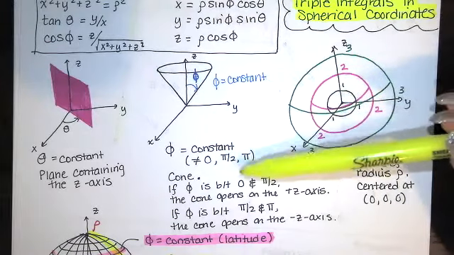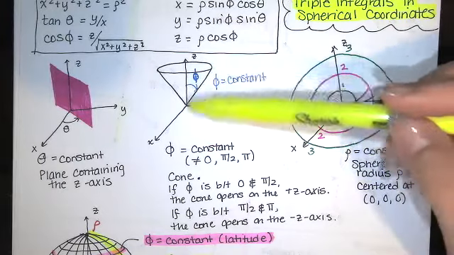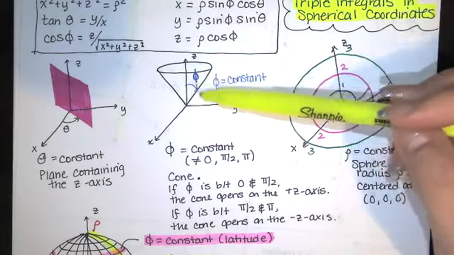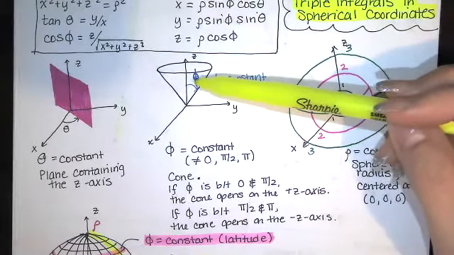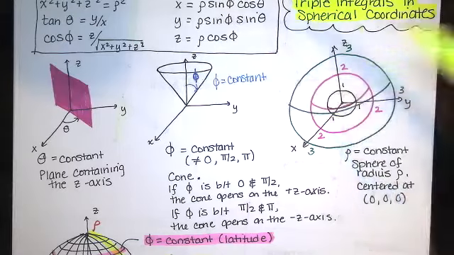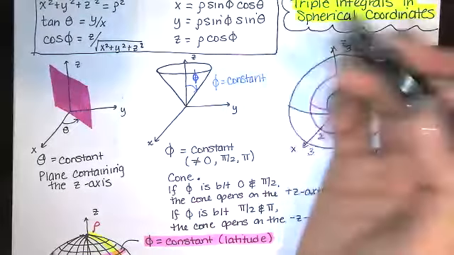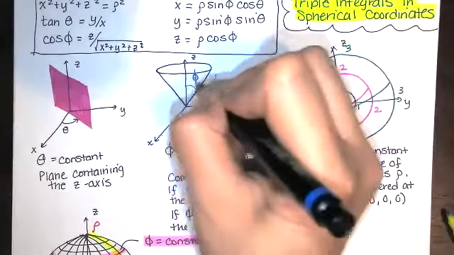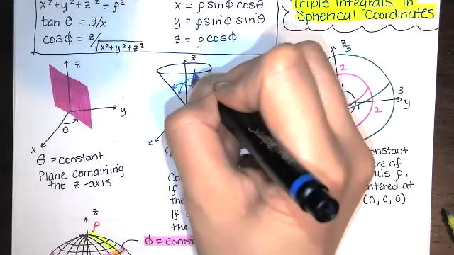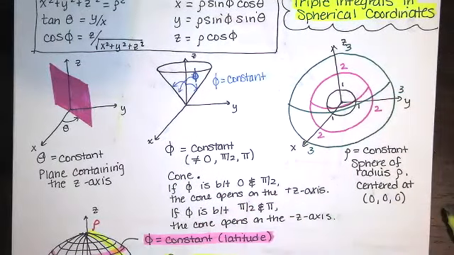If phi is an angle between 0 and pi over 2, as shown in this picture, we get a cone that opens on the positive z-axis, because these are all points that lie that many radians from the z-axis. Let's say that phi equals 30 degrees or pi over 6 radians. We're going pi over 6 radians in this direction, and then the forward direction and the backward direction, in all the directions, and we get this cone.